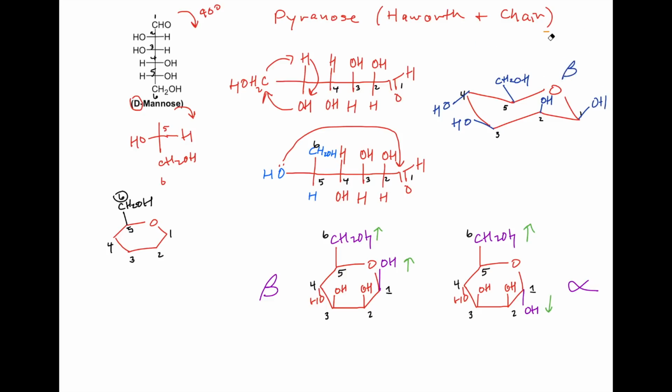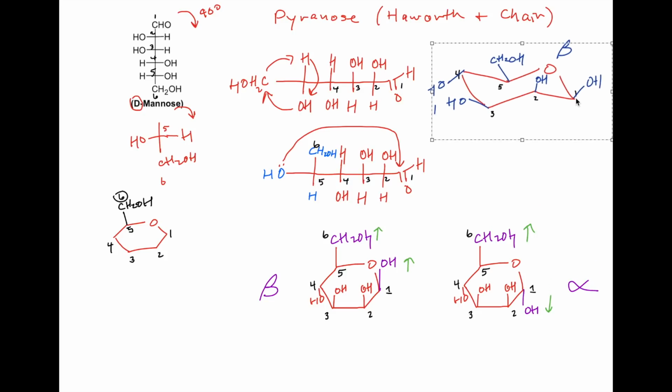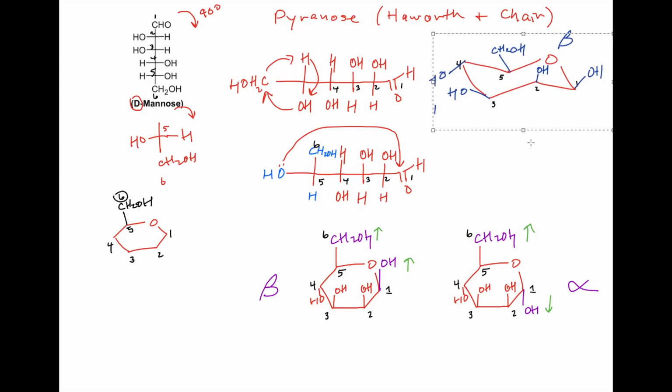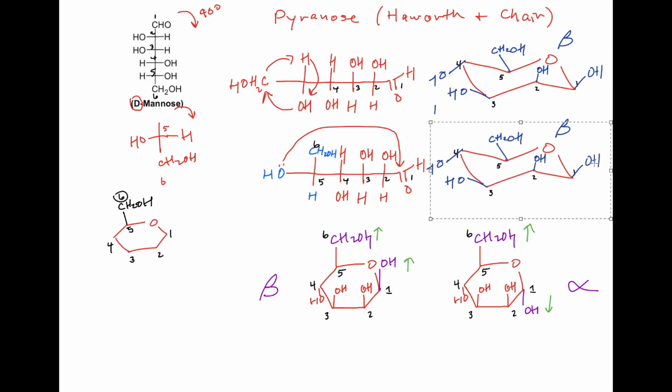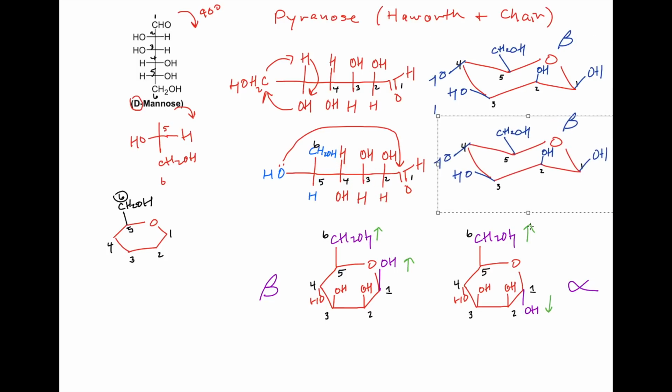So this is the beta anomer for a chair conformation. If we copy this over and do this again, we can actually find the alpha anomer pretty simply. So let's go ahead and fix this up. The alpha anomer is really just a swap of this. So we have the alpha here, which is actually facing down.